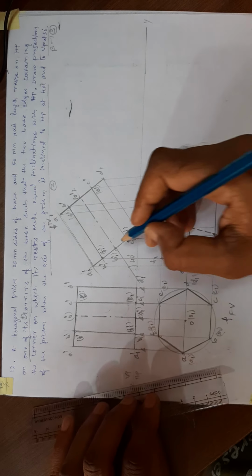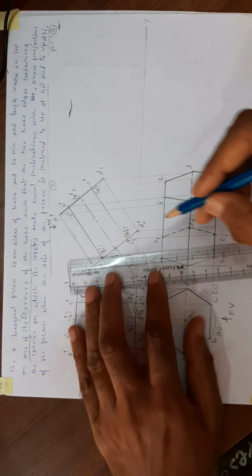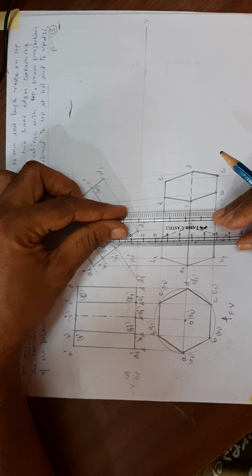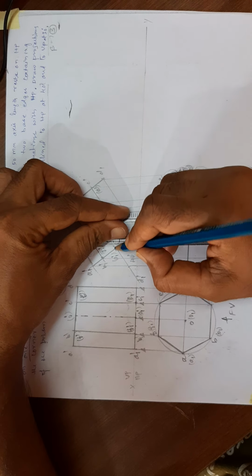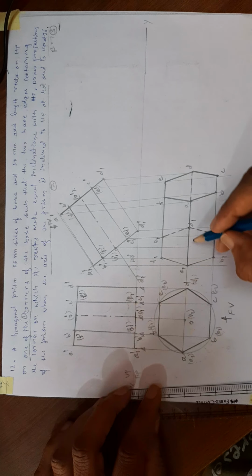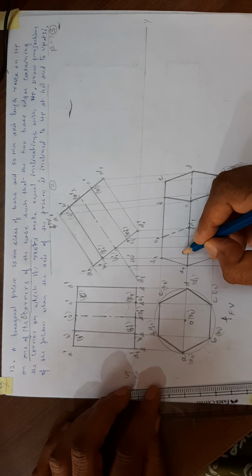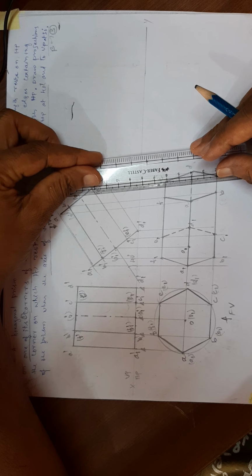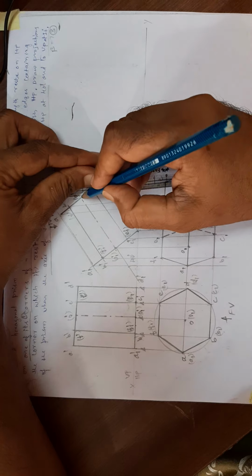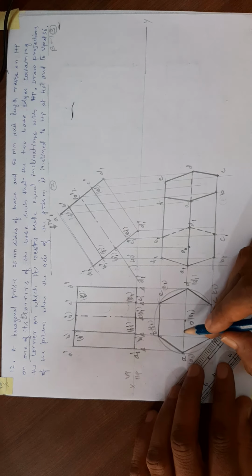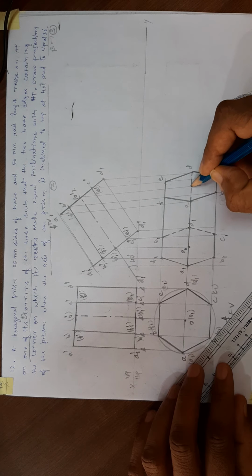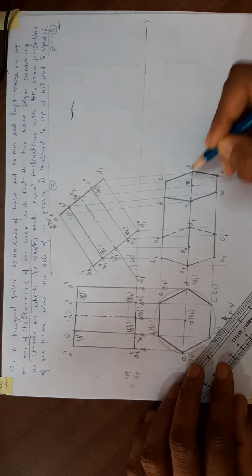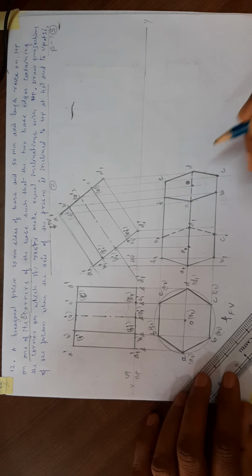Next, we have to draw the axis. Where is the axis here? See O1 dash. Vertical projector line from the O1 dash, and horizontal projector line from the O1. Now this is O1. Similarly, vertical projector line from the O dash, and horizontal projector line from the O. Now this is O. So O1 O indicates the axis.